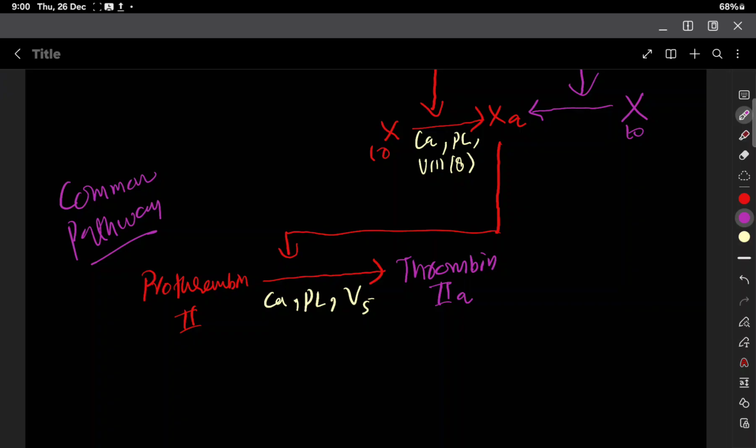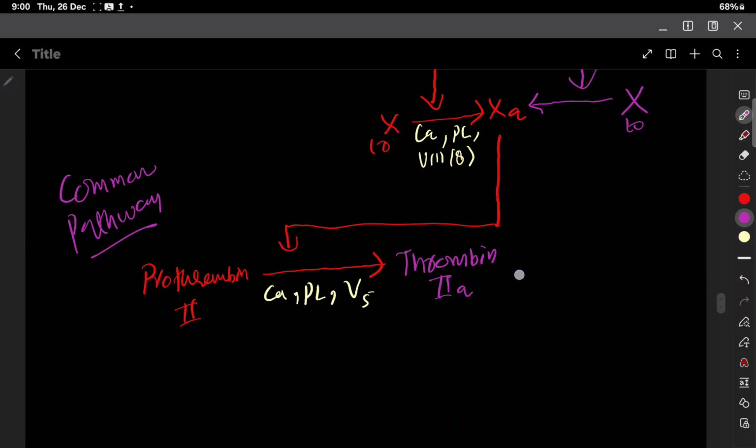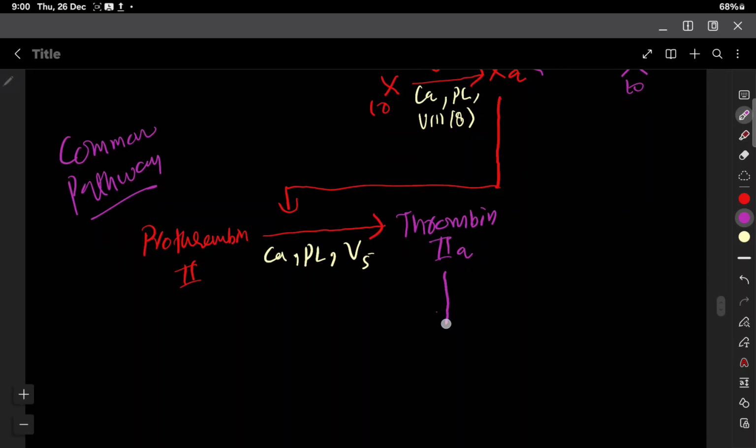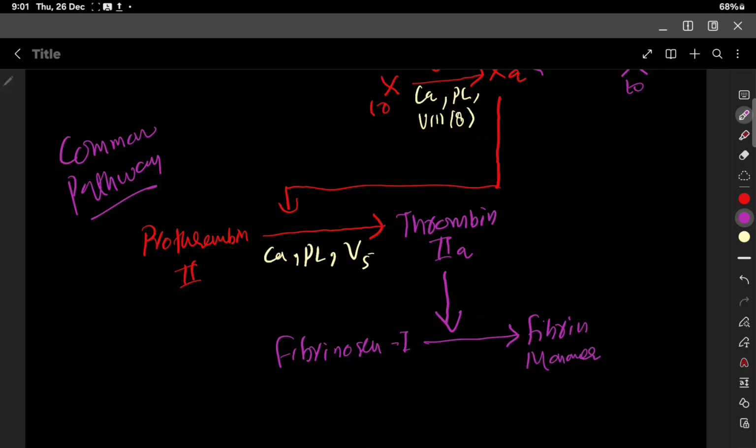This activated thrombin, factor 2a, will now act on fibrinogen, factor 1, and will convert fibrinogen into fibrin monomer. And on fibrin monomer, what will act?